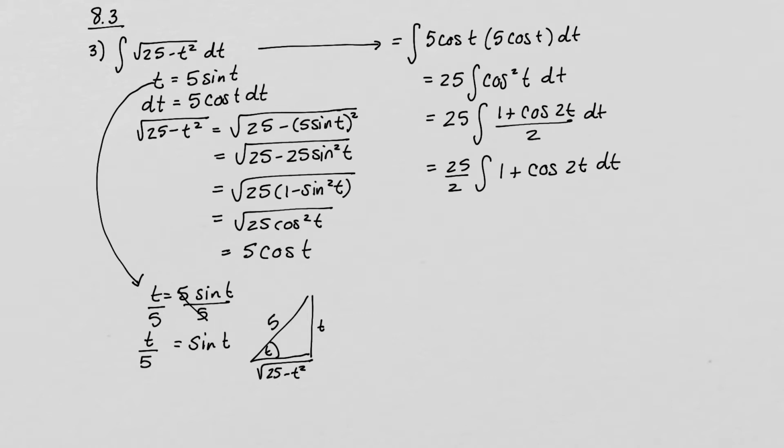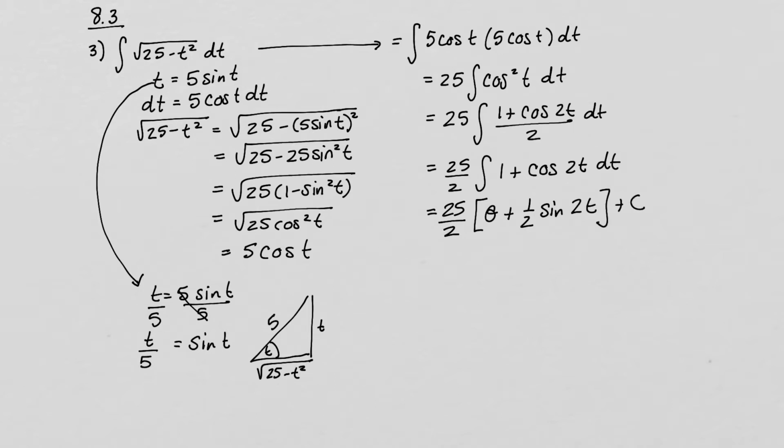I really should have used thetas here instead of t's, because I usually use a different letter. I usually use x equals 5 sine theta, but I'm keeping it the way I did it in the solutions. So in this case, we end up with 25 over 2, and when I integrate this, I get t plus 1/2 the sine of 2t plus c.